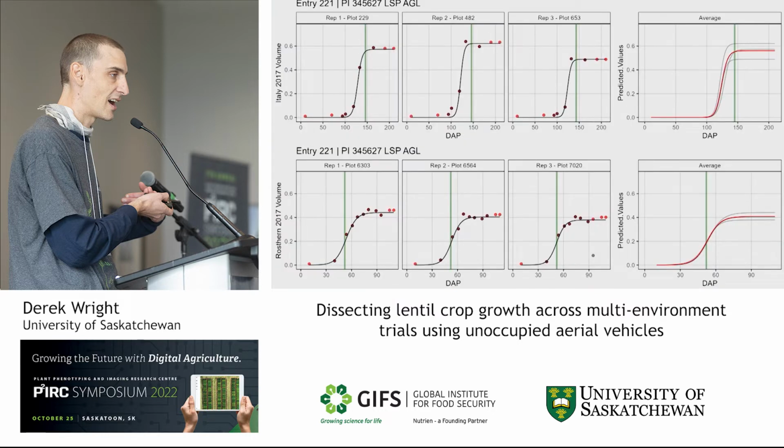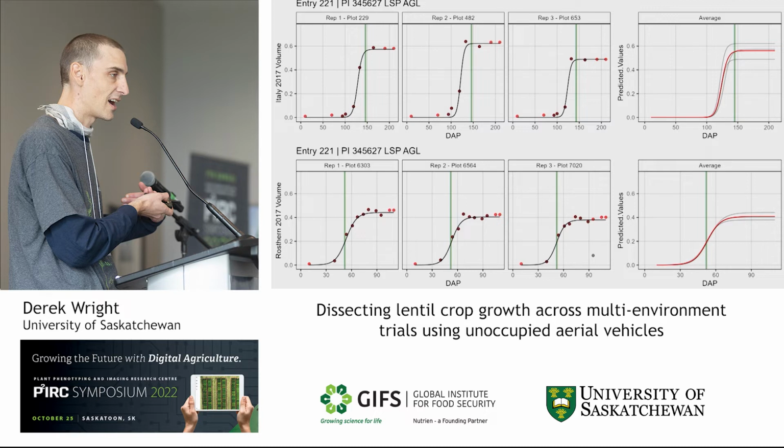So here is the modeling of growth curves that I've done. Now this is just one variety. In the top panel, the axis is cut off there, are modeled growth curves for plot volume for just one of the 324 varieties, and it's across all 3 reps for that location.